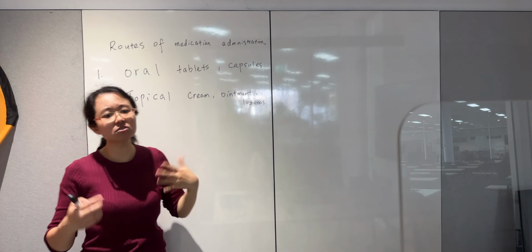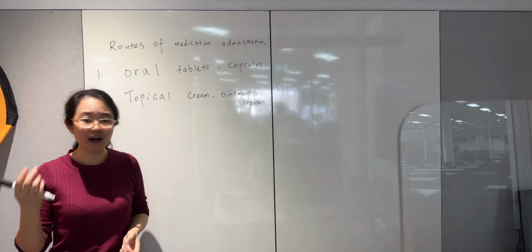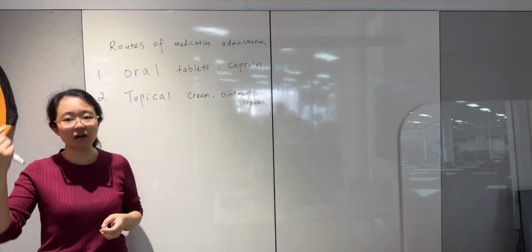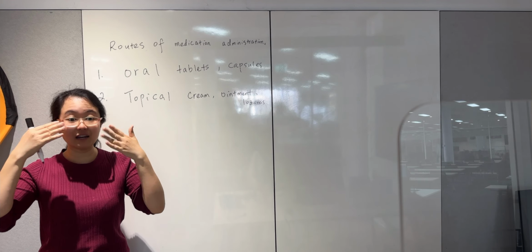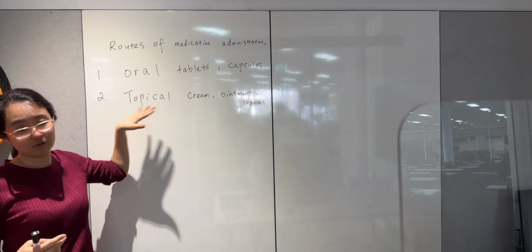Other types include eye drops and ear drops. For example, if you have an infection or an eye disorder, you need eye drops. Eye drops can be absorbed by the mucous membrane inside the eye, so in that case it is also called topical.